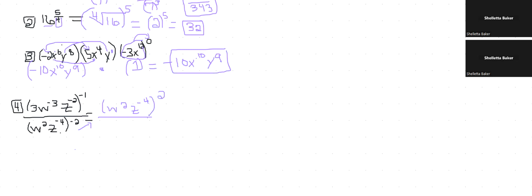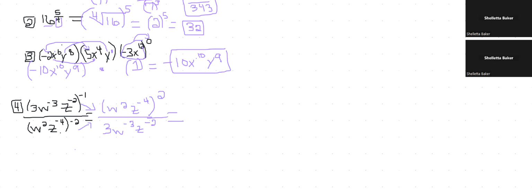And then in the numerator, we had that power of -1. We want to make this positive by moving to the denominator. So we'll move that 3w to the -3rd power times z to the -2nd power to the denominator. And all of this is being raised to the positive power of 1, which is just going to be these same terms.